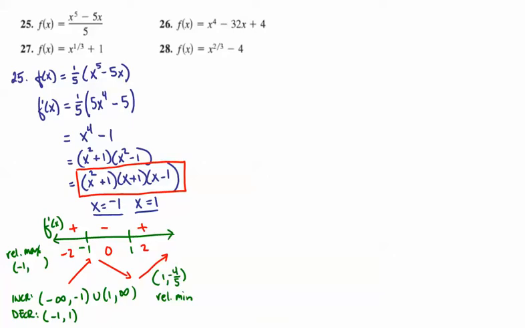Plugging in -1, I'm going to get -1 minus -5, which is -1 plus 5, or 4/5. And that should about do it for this. We'll just double check our results with the graphing calculator and see how we did.